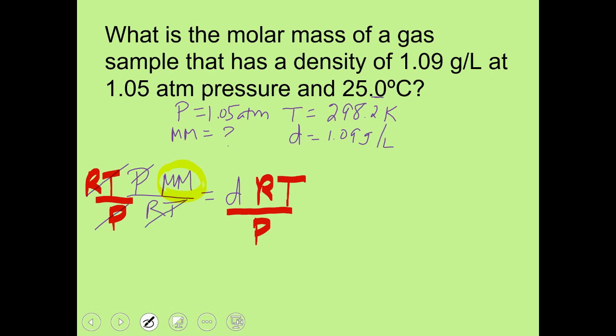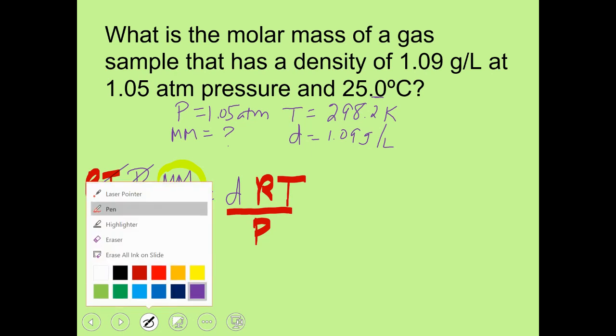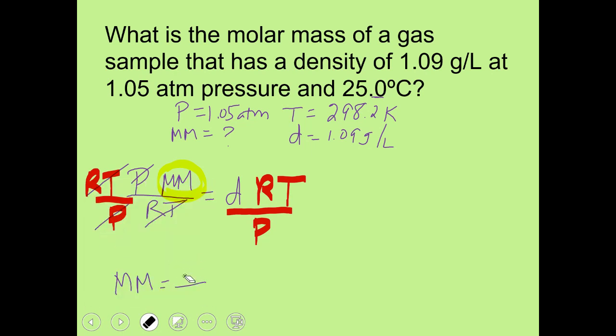And so the molar mass is going to be equal to dRT over P.